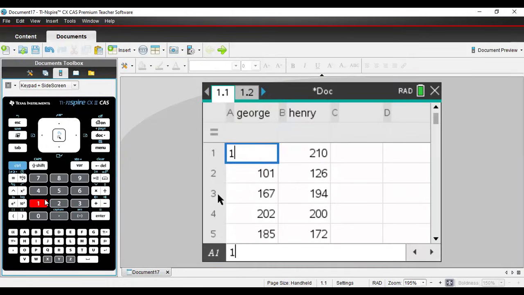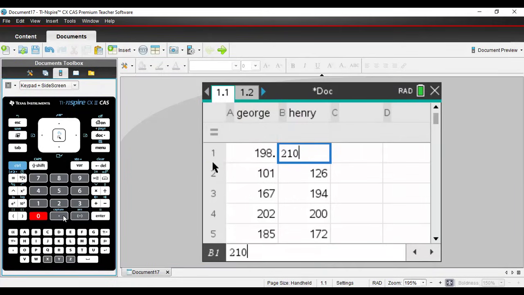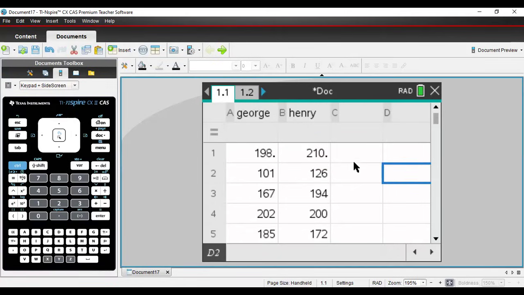I'm going to do 198 and put a point in here. And then I'm going to go 210 and also put a point. The reason I'm doing that is I want to make sure that when I do the mean and standard deviation, it's going to be a decimal. So I'm putting a decimal in both of the data sets.